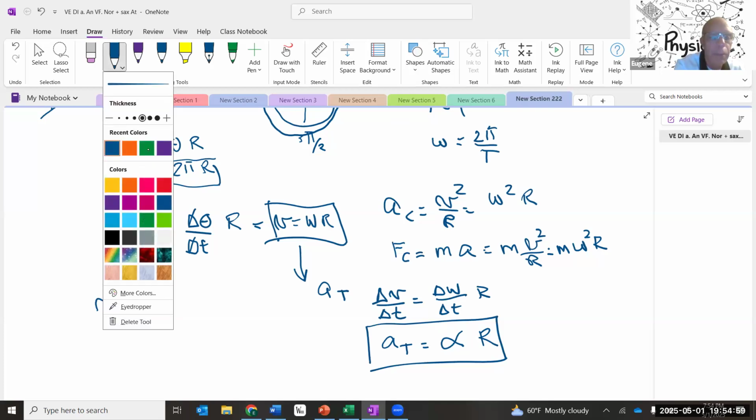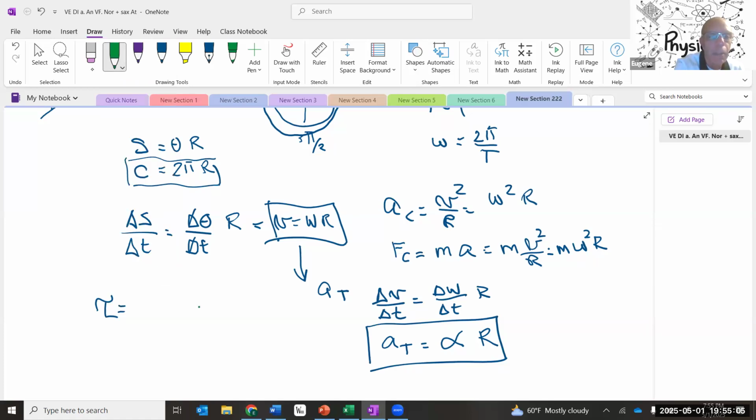I'm going to change the color, let me erase this and start with the definition of torque. It is going to be R, that displacement, times the force, right? And we know that it is the magnitude of R times the magnitude of force times sine theta, because this here is a cross product.